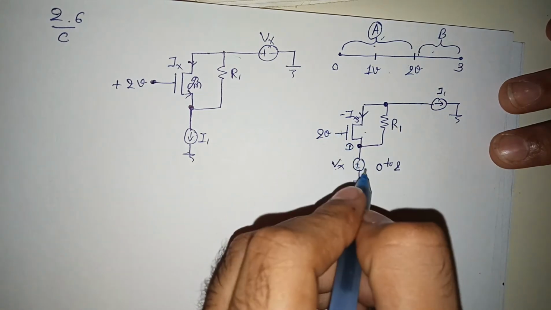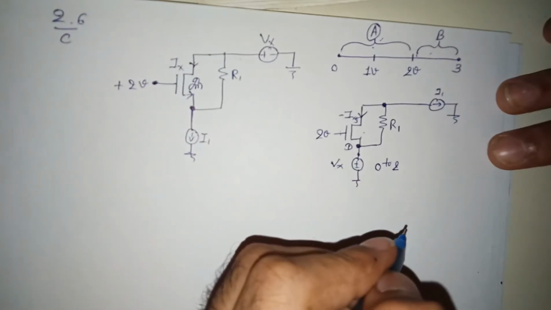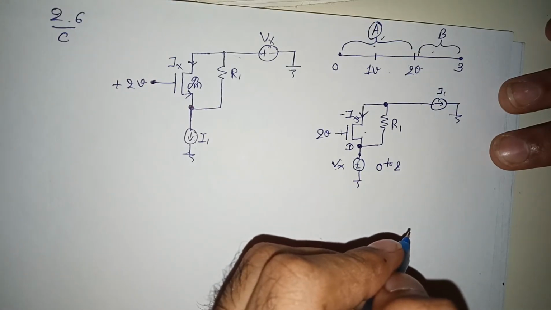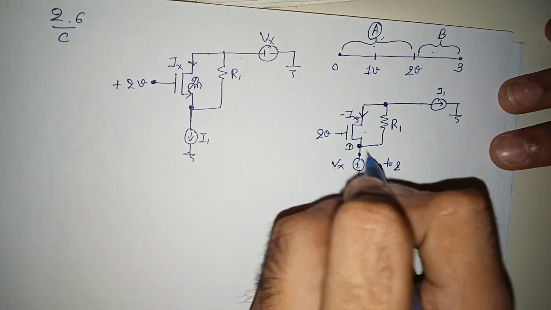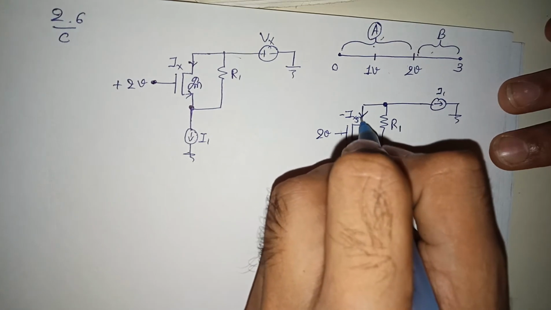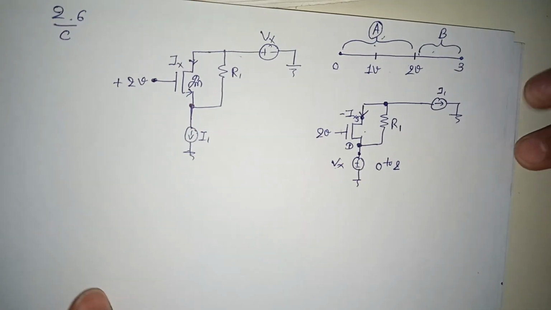So what we are assuming, that this potential will be lower than 2 volt, will not be true. I mean, sorry, not in that way. This potential can be lower than 2 volt, but this terminal potential will be lower than 2 volt. I'm sorry for the previous statement.